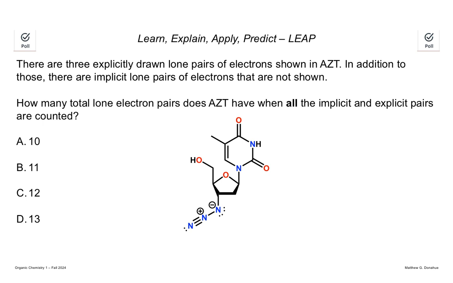So this question states there are 3 explicitly drawn lone pairs of electrons shown. So those are on those nitrogens. There's also implicit lone pairs that are not shown. And so we have 3 that are shown, and the question is asking how many total electron pairs are there? 3 plus something equals our answer.